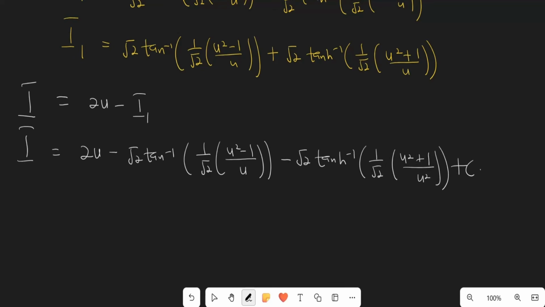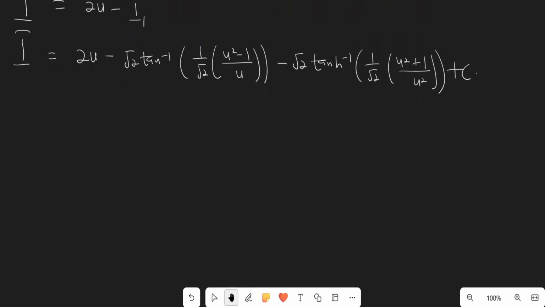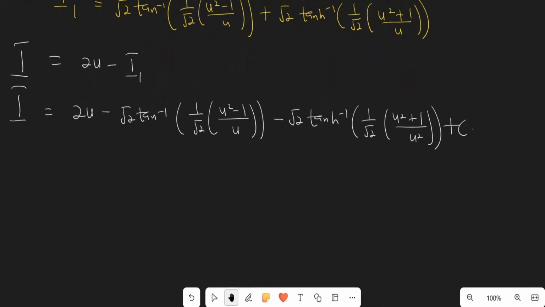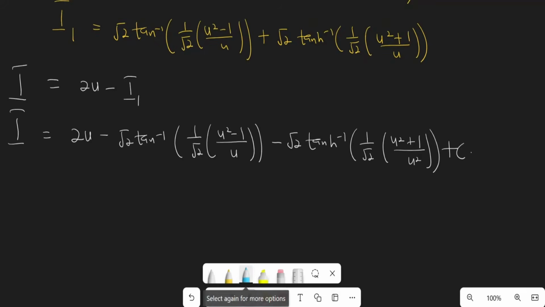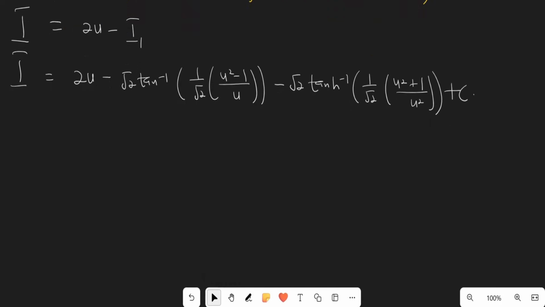We can put the constant of integration, right? But the original integral is in terms of x, but this one is in terms of u. So we just have to go back to what u squared and u are. From our substitution, we know that u is equal to the square root of the secant of x plus the tangent of x, and then u squared is the secant of x plus the tangent of x.